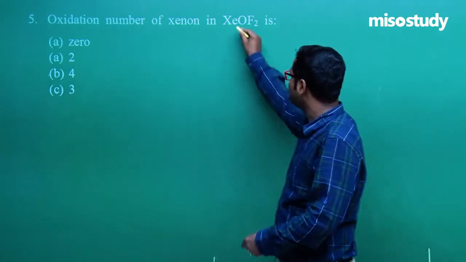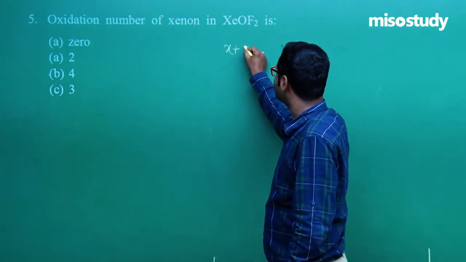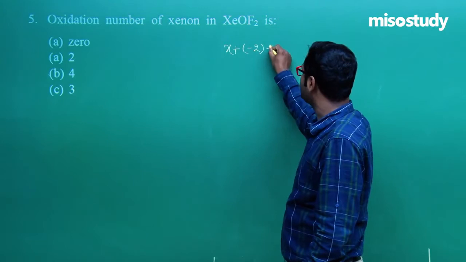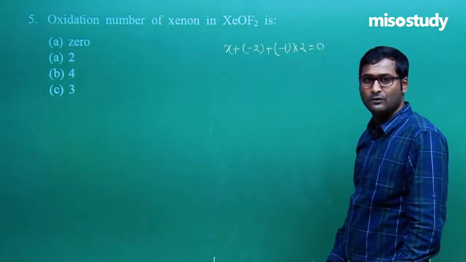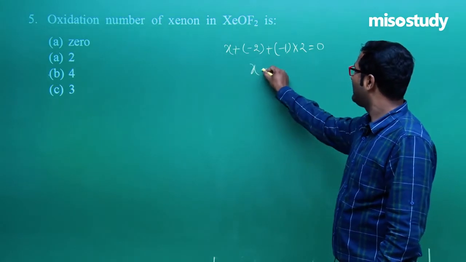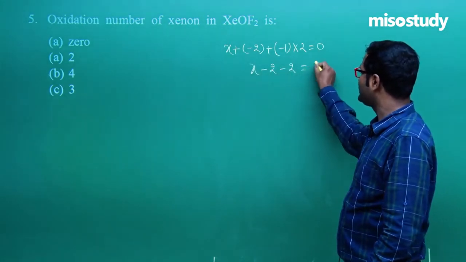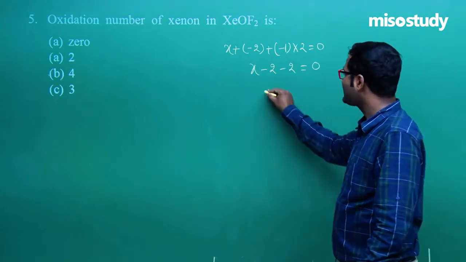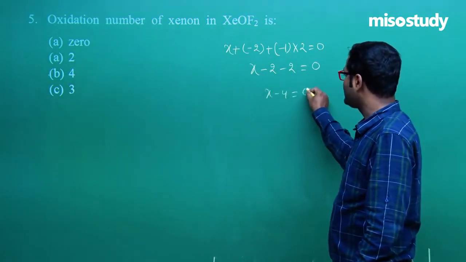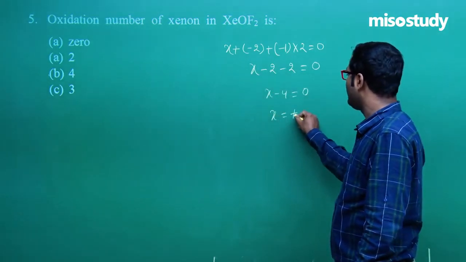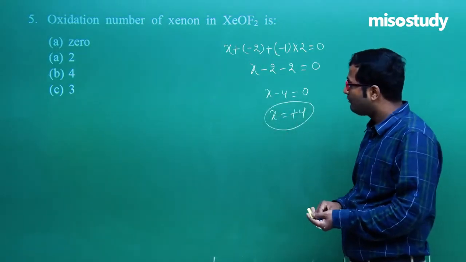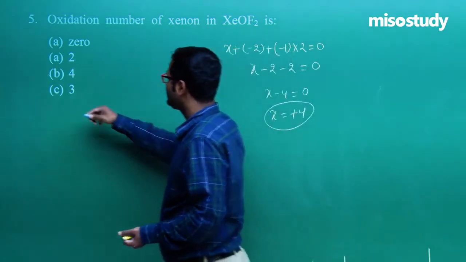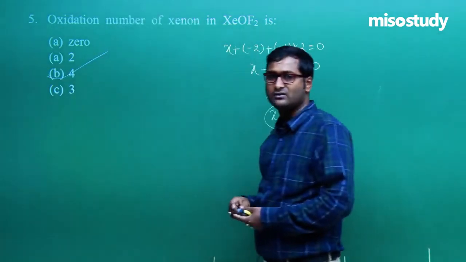Clear to you? So how to find the oxidation state? Check it out. We have to find xenon, X; for oxygen, that is -2; for fluorine, -1 into 2; that will be equal to 0. That is X -2 -2 is equal to 0. X -4 is equal to 0. Then we can say X is equal to +4. So in this case, the oxidation state of xenon is 4.